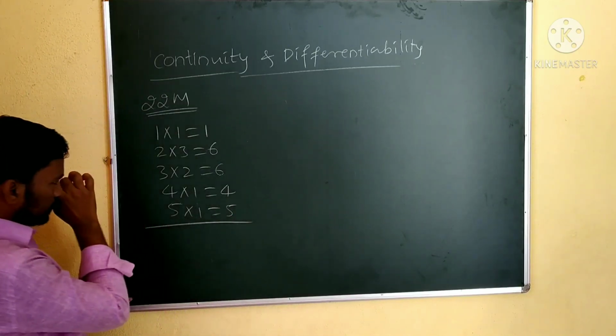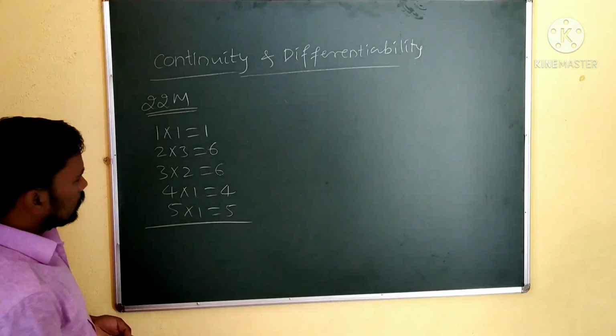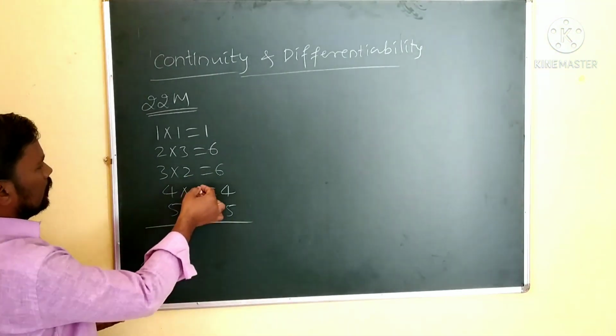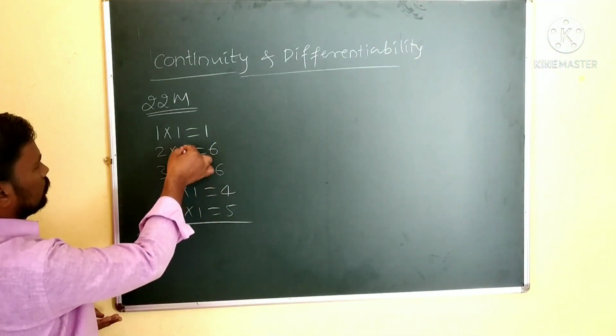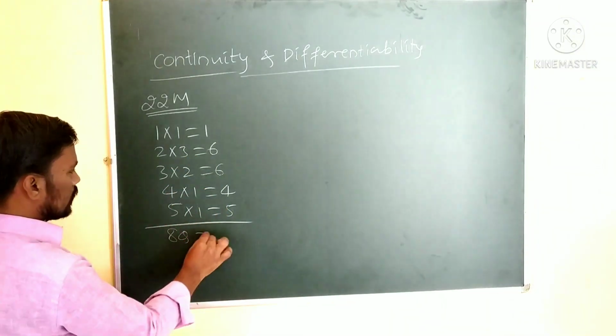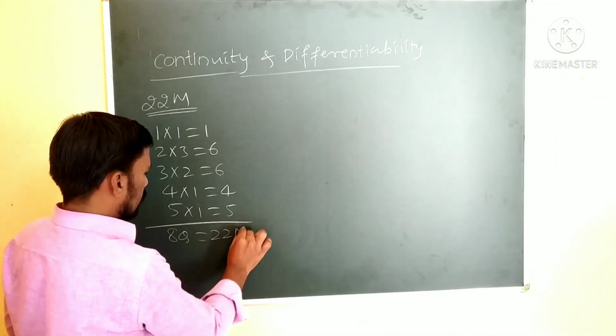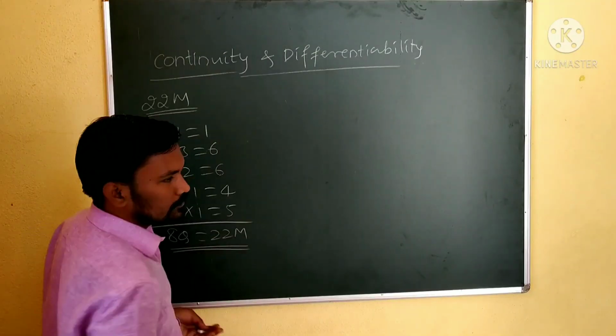Total number of questions: 1 plus 3 is 4, plus 2 is 6, plus 1 is 7, plus 1 is 8. 8 questions, 22 marks. Very important.